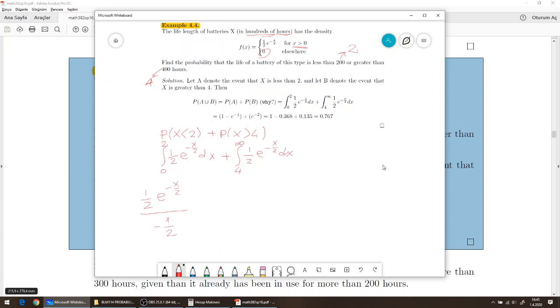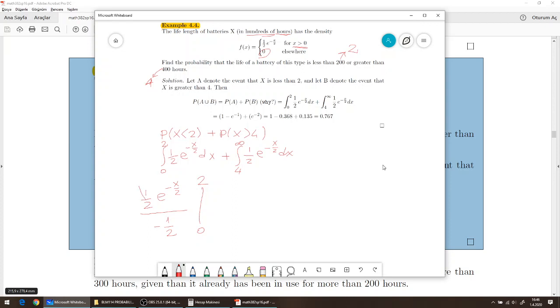Yes, because if you are taking the integral of an exponential function, you will first write the exponential function itself and divide it by the coefficient of x, as here, with the interval from 0 to 2.